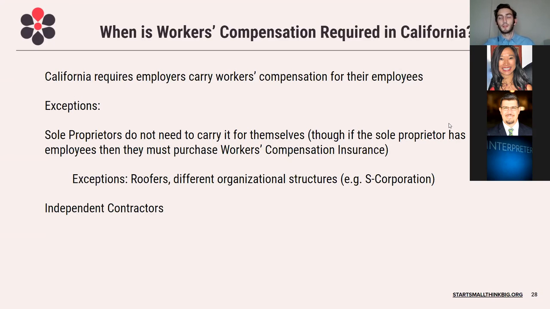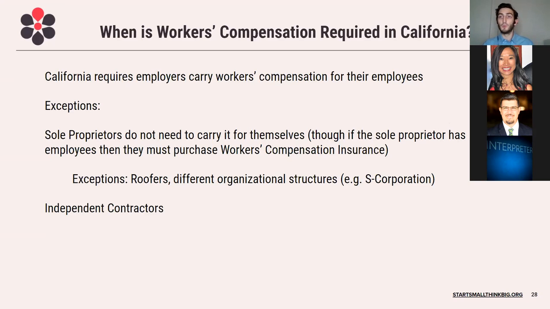So California requires that employers have workers' compensation for their employees. The most common exception to this is that if you are a sole proprietor, if you are the only person working for your business, you do not need to carry workers' compensation insurance for yourself.